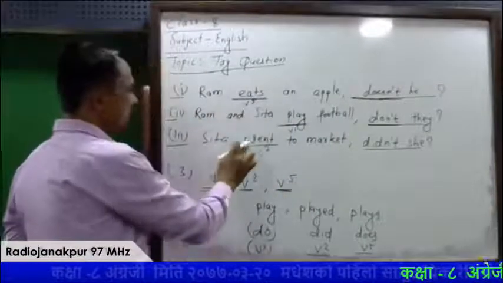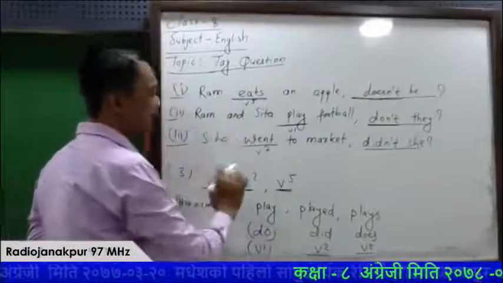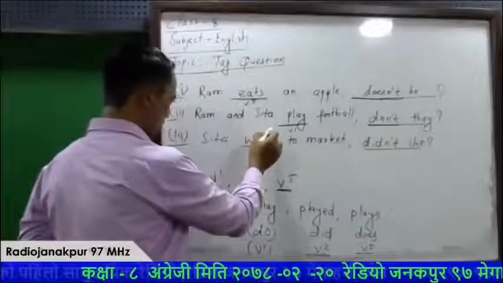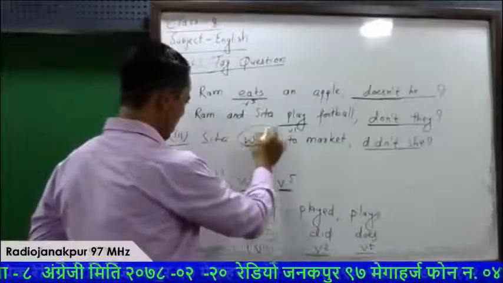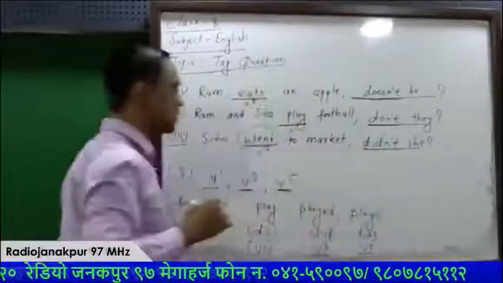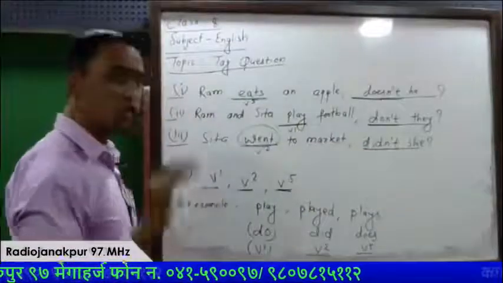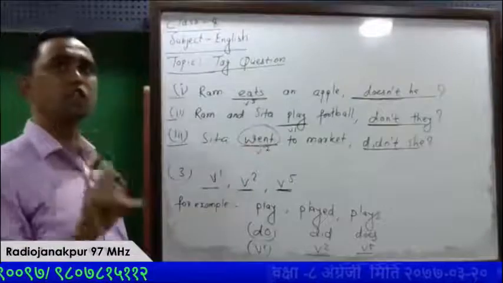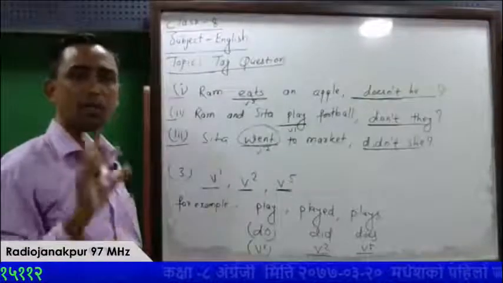Now V2 takes the help of did verb, and V2 is positive, that's why did is negative in the tag question.